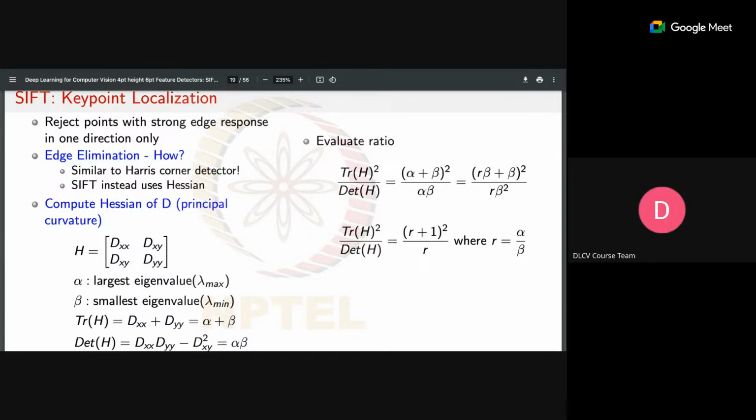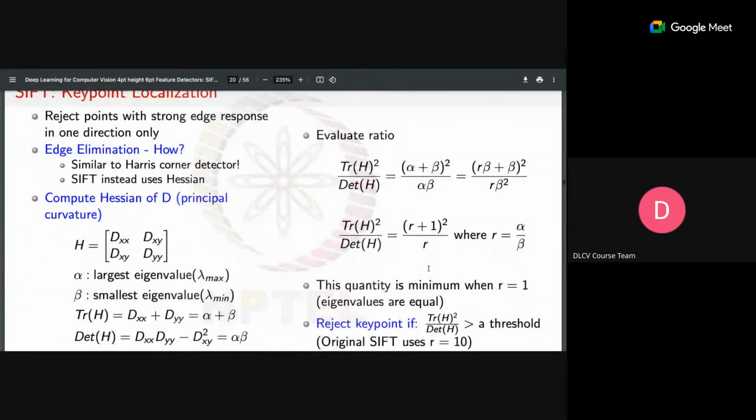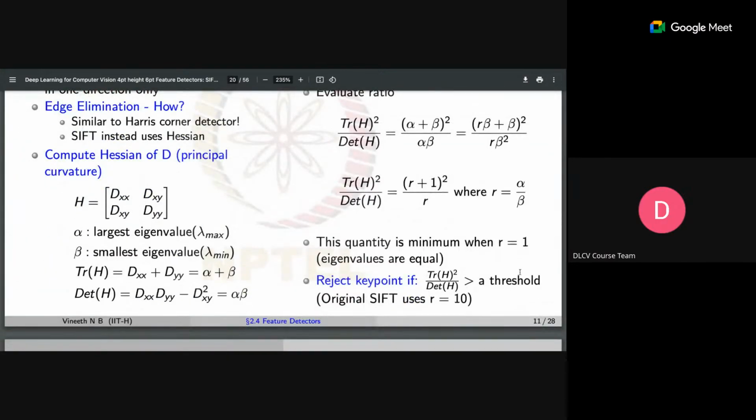So you're simply using that information to get this ratio alpha by beta, largest and smallest value. That is why you are using this R to threshold whether it exists or not. And the original SIFT algorithm uses R equals 10. So basically, we're doing this step to only remove edges. That's it.